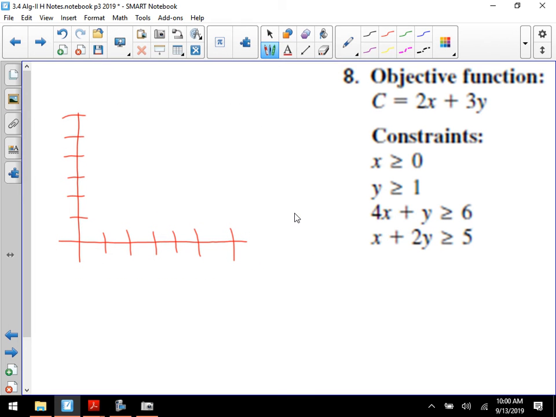X is greater than 0, so we're moving to the right. Y is greater than 1, so it's moving up, a horizontal line through 1. X-intercept, y-intercept of the third inequality has a y-intercept at 6 and an x-intercept at 6/4, otherwise known as 1.5.